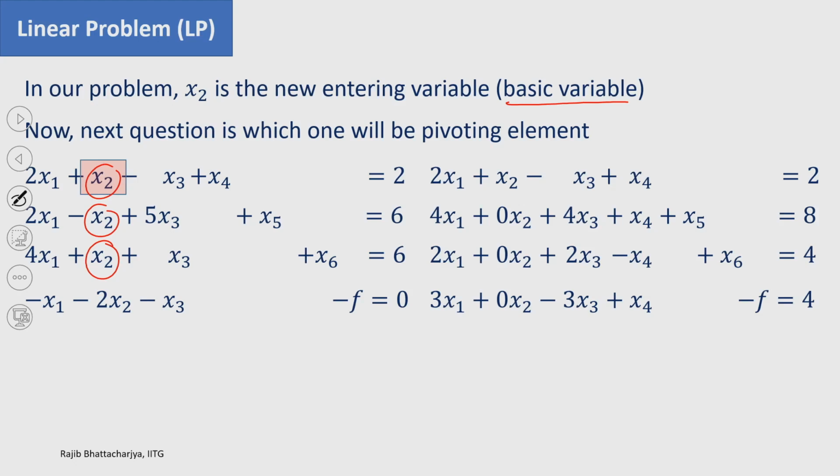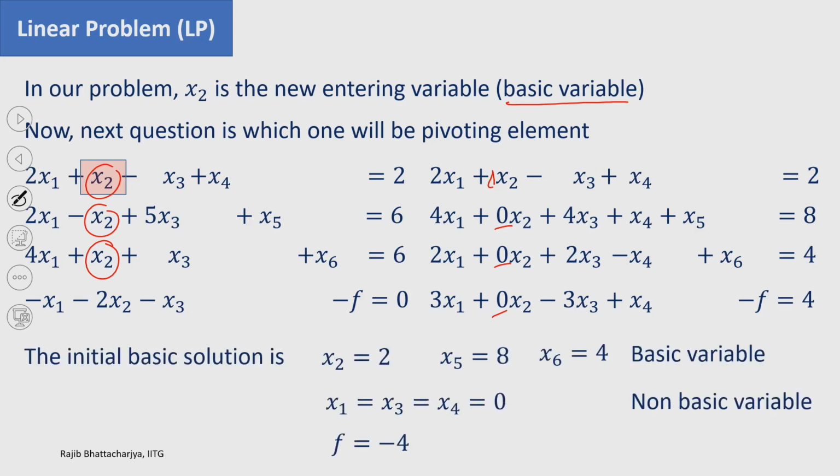If I do that, the coefficient of x 2 in the first equation is 1, and for other equations it is 0. Okay. So, now this is another solution I am getting. What is the solution now? Now, x 2 is a basic variable.